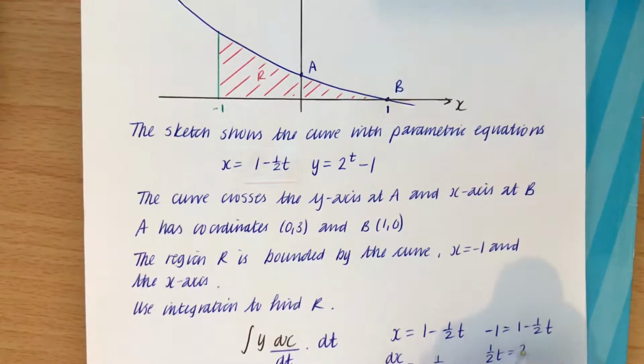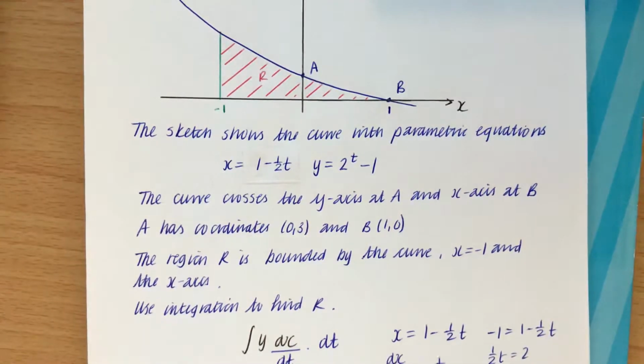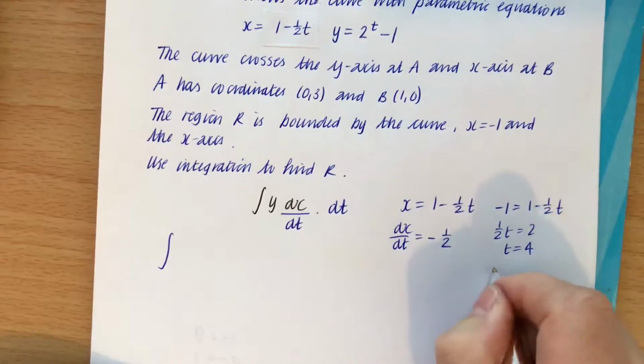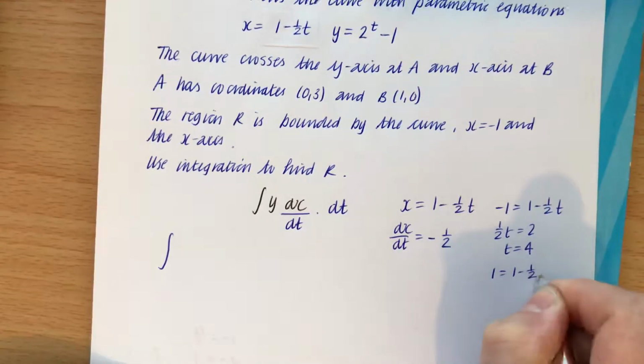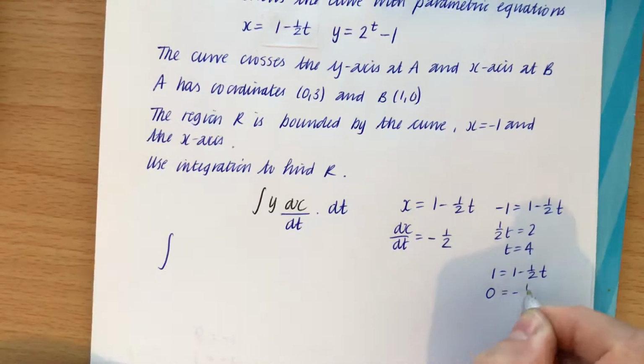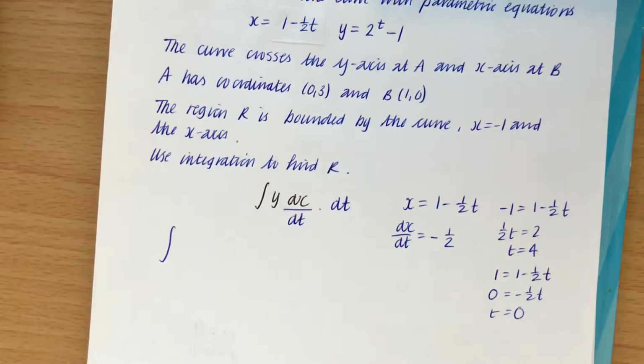So a half t will equal 2, t will equal 4. And then subbing in 1, 1 equals 1 minus a half t, take away 1 is 0, minus a half t, t equals 0.